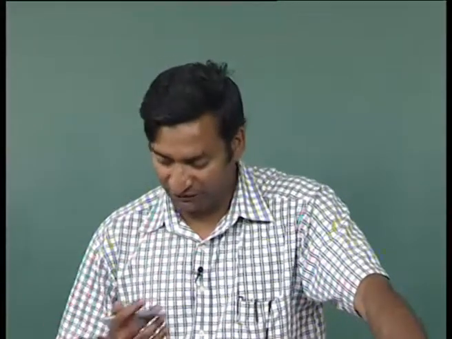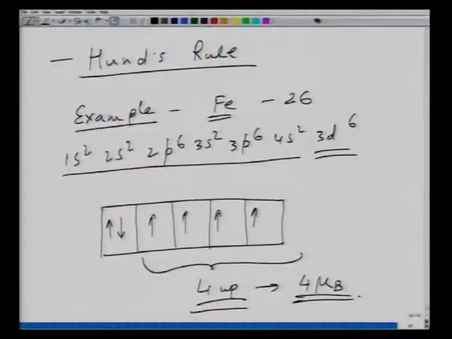So, this is a typical picture with atoms having unfilled d shells, and this helps in materials having a magnetic moment. So, this iron has 4 mu b of magnetic moment.